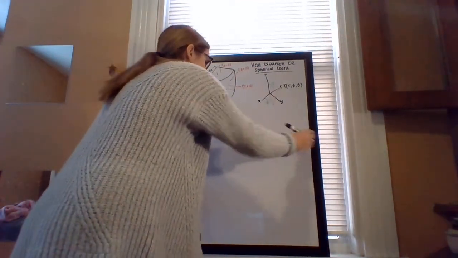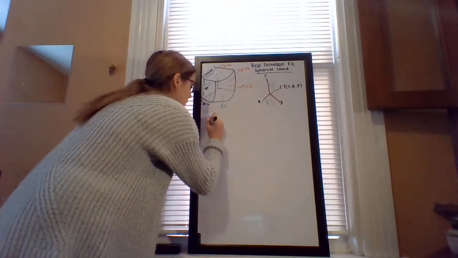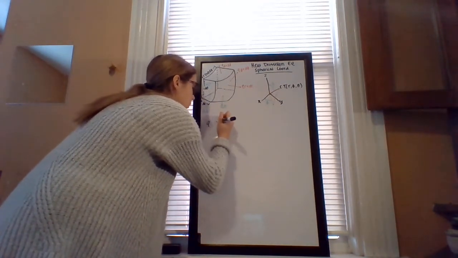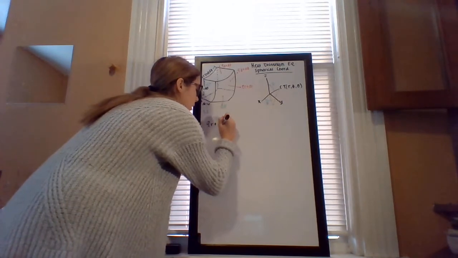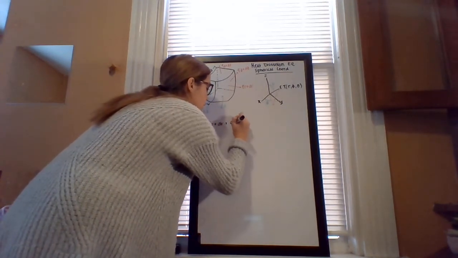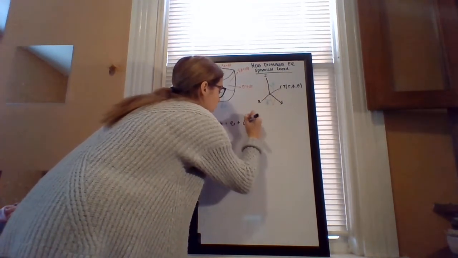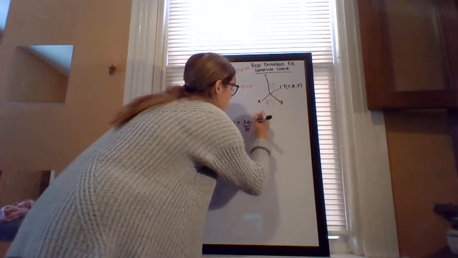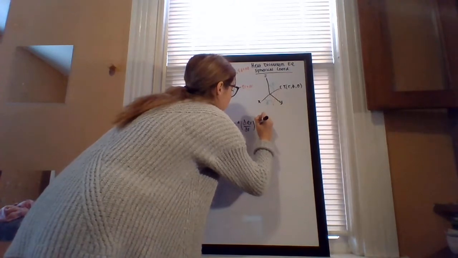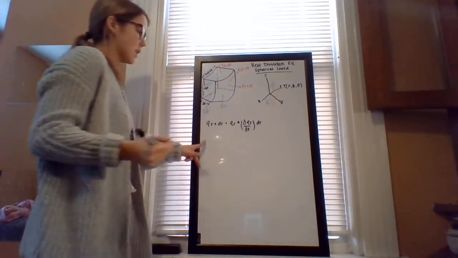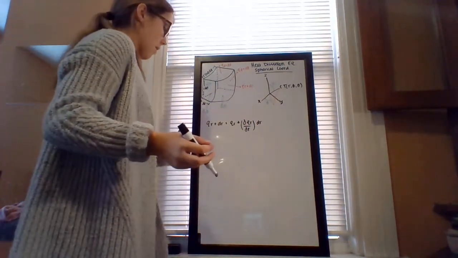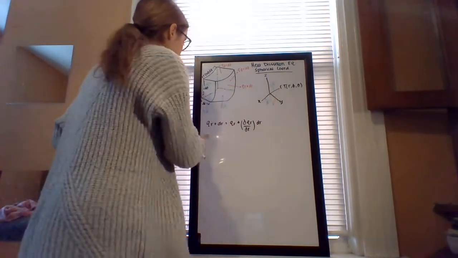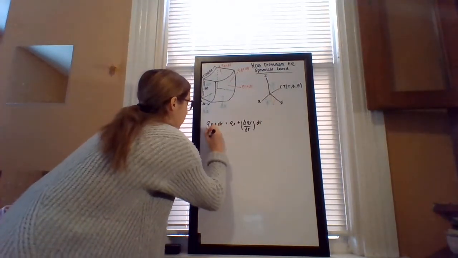So Qr plus dr equals Qr plus the derivative of Qr over dr. This is the same format that it was for the last video, so I'll just write it out.